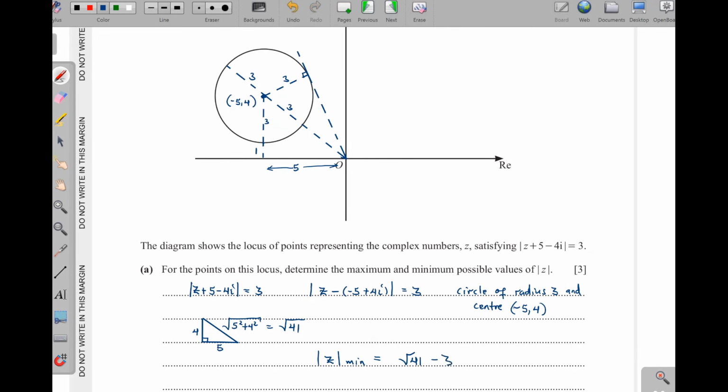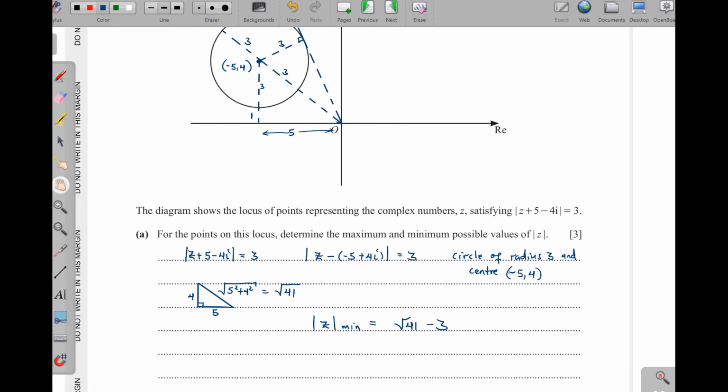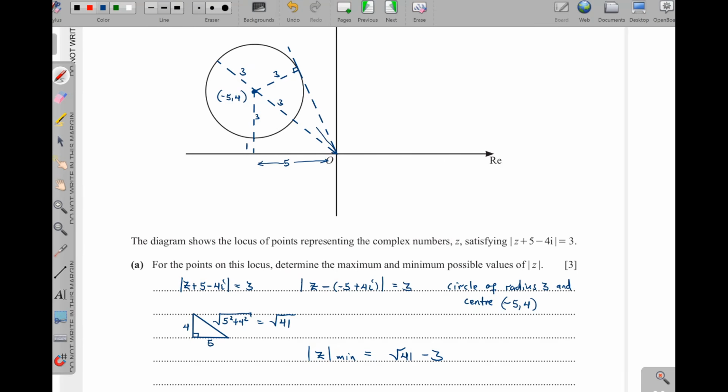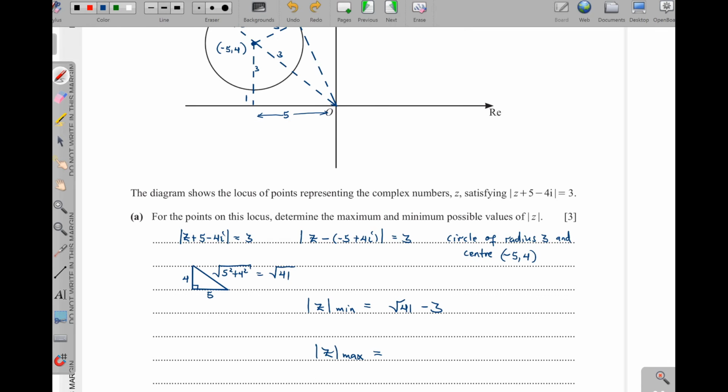So minus 3. And then the maximum here is going to be what we have gotten here, plus the 3. As simple as that. So root of 41, then plus 3. Those are our answers. Okay.